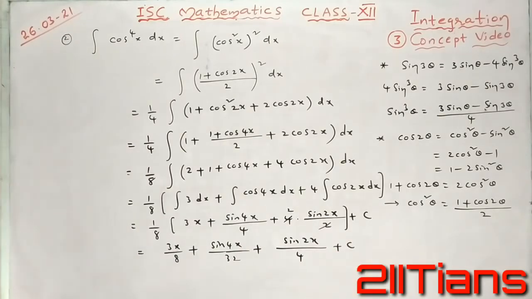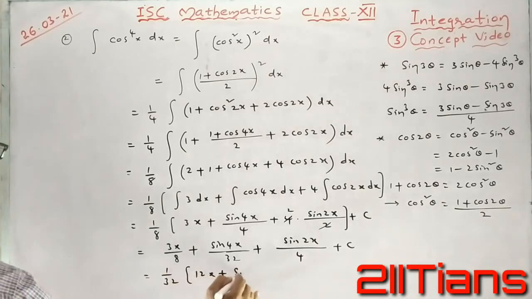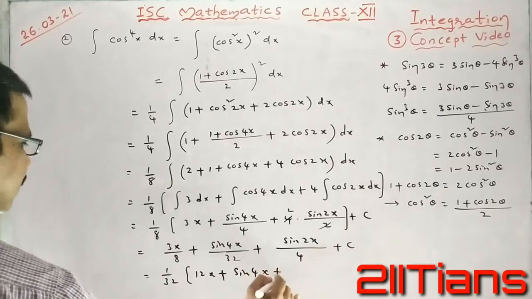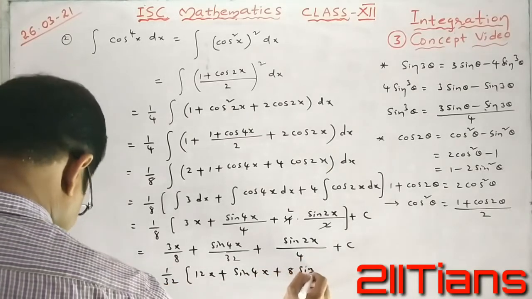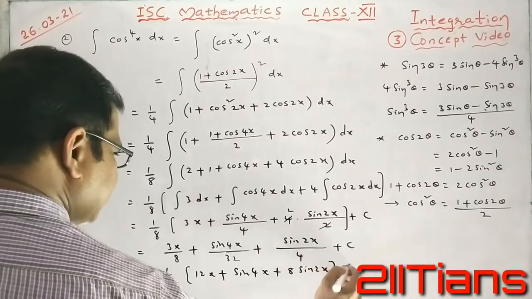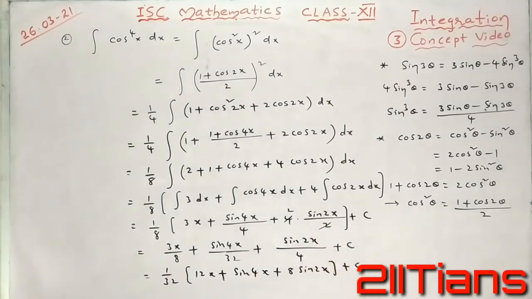Take LCM and common out. What is the LCM here? 1 by 32. So if you put it out, 12x plus sin 4x plus 4 8s will come, so 8 sin 2x plus c. That is the final answer.